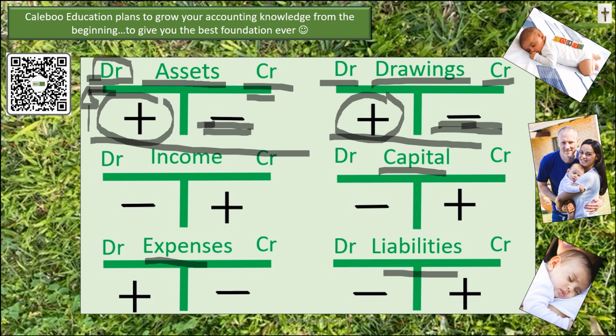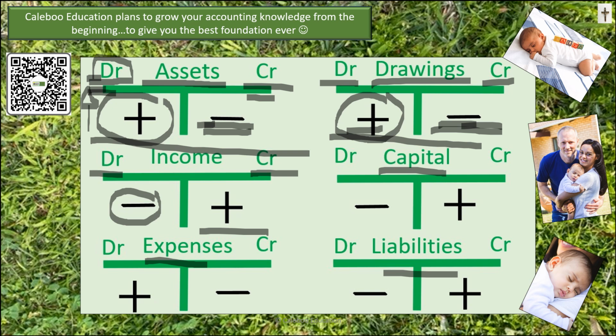A decrease in the value, and this is an increase in the value. Income, for example sales, if there's an increase in income, the account is credited. If there's a decrease in income, the account is debited.